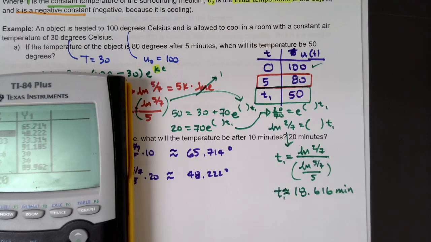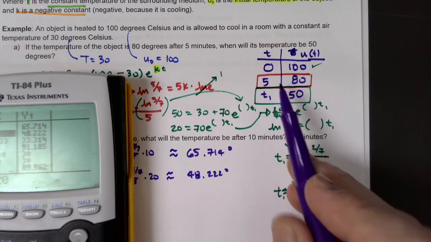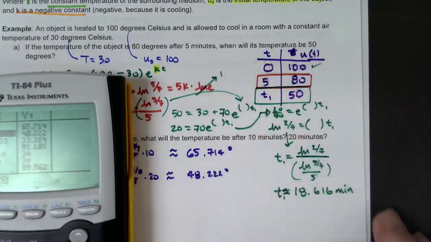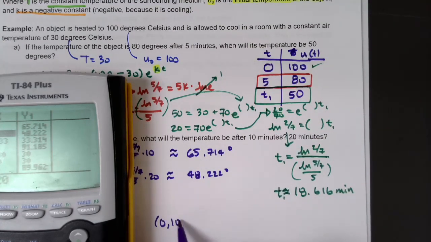I think most of you should know that sure doesn't look like a constant rate here, because you can see in our first one, let's do a quick slope calculation between the first set, from 0 when we were at 100 to 5 minutes when we were at 80. Slope 1 would be 100 minus 80 divided by 0 minus 5.